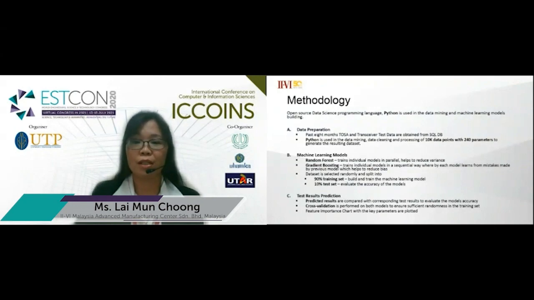Test result prediction. The predicted results are compared with corresponding test result to evaluate the model accuracy. Cross-validation is performed on both models to ensure sufficient randomness in the training set. Feature importance chart with key parameters are plotted.